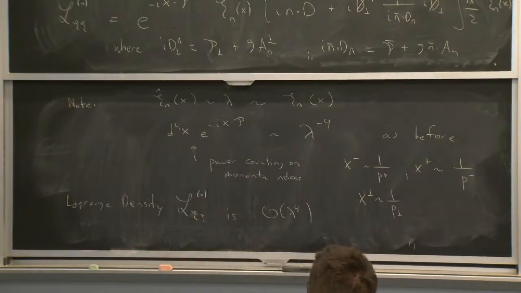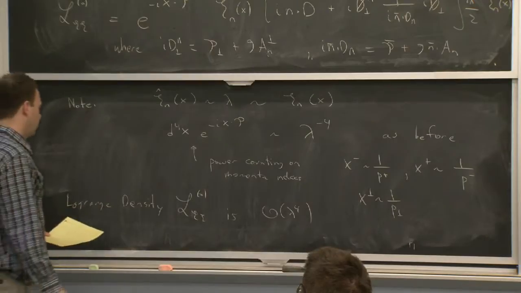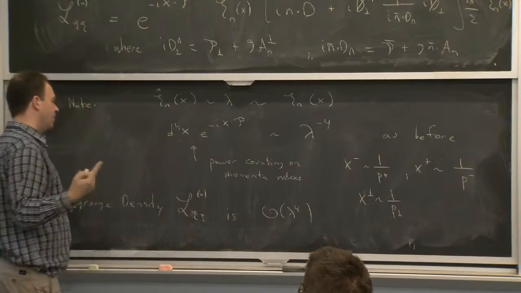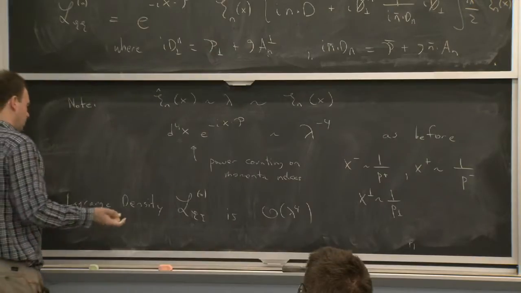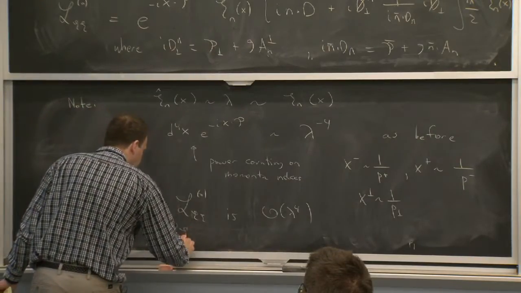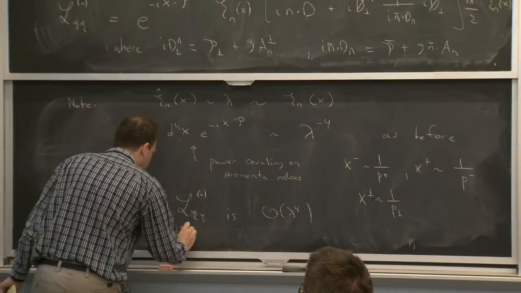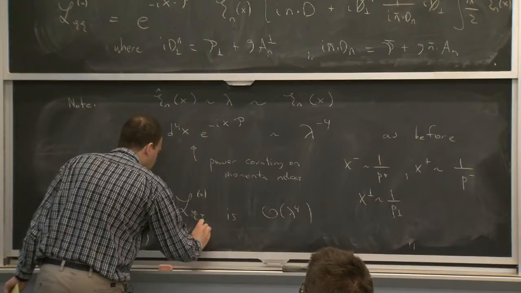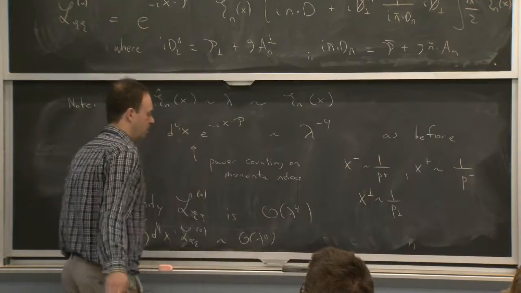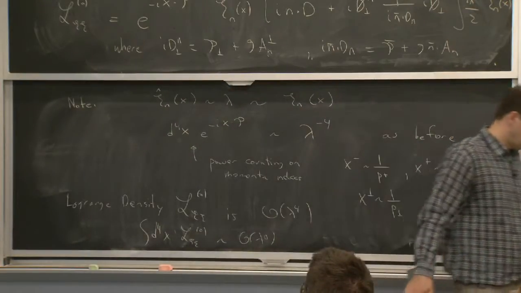Our power counting made that explicit, so the whole thing is lambda to the 4. This lambda to the 4 of the Lagrange density cancels the lambda to the -4 of the measure, and when you integrate, this is lambda to 0, and that's what we wanted. That was our convention for the leading order term.